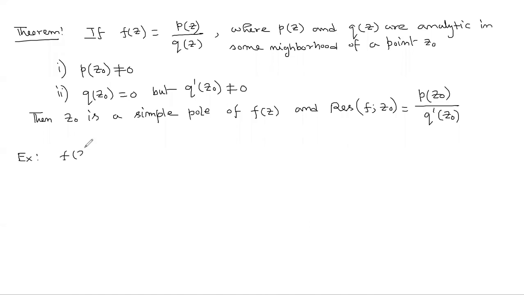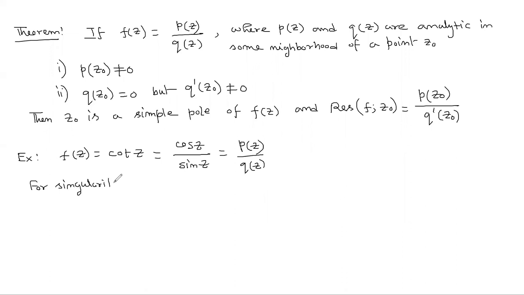Let f of z equal to cot z. Now cot z can be written as cos z by sin z. So this is a function which can be written in p of z by q of z form. So here, what are the singularities of the function f of z? For this, we equate q of z to 0. For singularities, q of z is equated to 0, that is sin z is equal to 0.